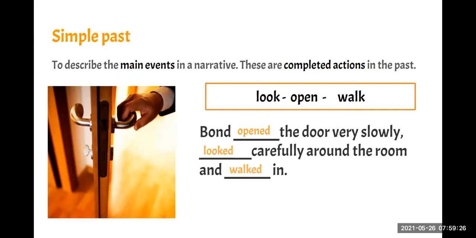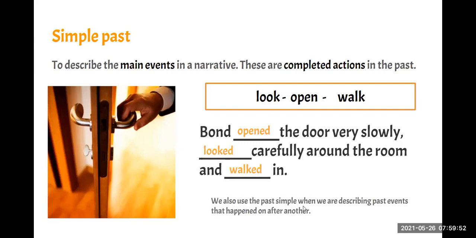We also use the simple past when we are telling one action that happened after another action. Like, for example, in this situation. Okay, so first he opened the door, then he looked around, and after that he walked in. As you can see, one action happened after the other.